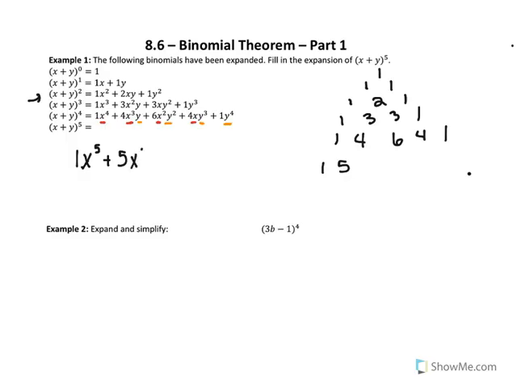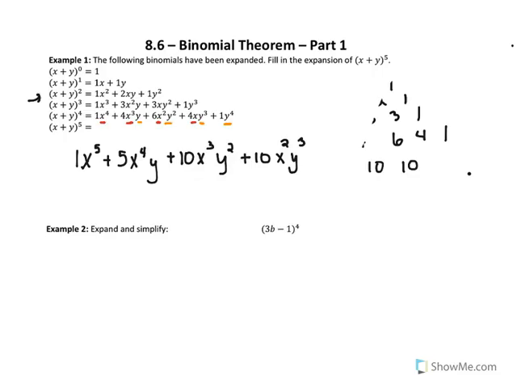Our x value is going to go down by 1, and our y value is going to go up by 1. So it's to the power of 1. My next number is 10, so it'd be 10. X is going to go down by 1, so 3. Y is going to go up by 1, so 2. My next number is 10 again, so it'd be 10, x to the power of 2, y to the power of 3.